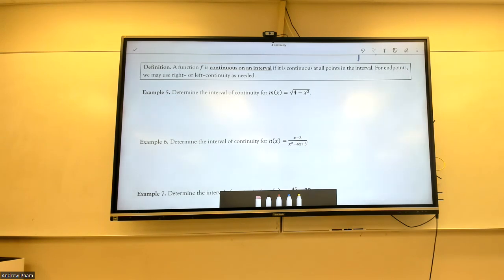And we're actually going to do 3 very quick examples where I determine the interval of continuity. So if I look at this one, for example, example 5, let's say I wanted the interval of continuity for the function m, defined by m of x is equal to the square root of 4 minus x squared.